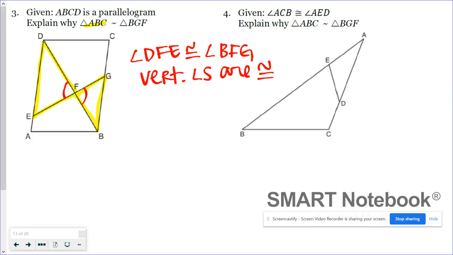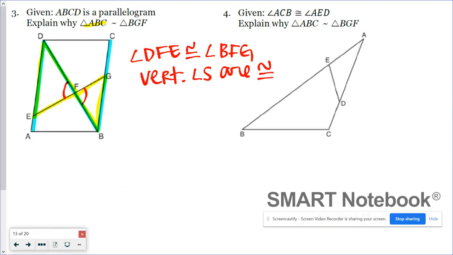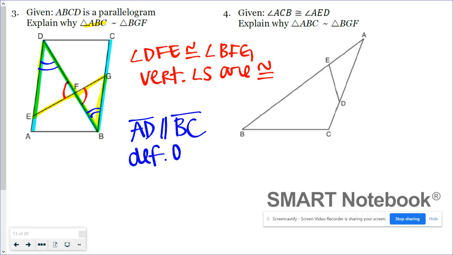So I know that in a parallelogram, both pairs of opposite sides are parallel. Throw in a diagonal, and you get alternate interior angles, which we know are congruent, okay? So I know that AD is parallel to BC because that's part of the definition of parallelogram.